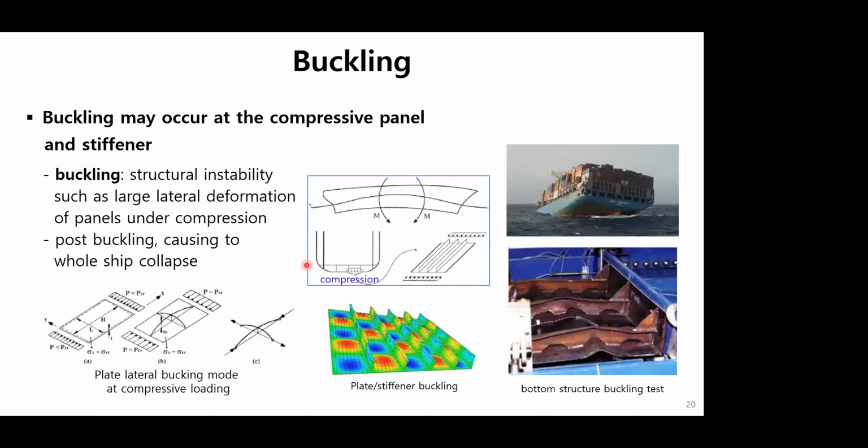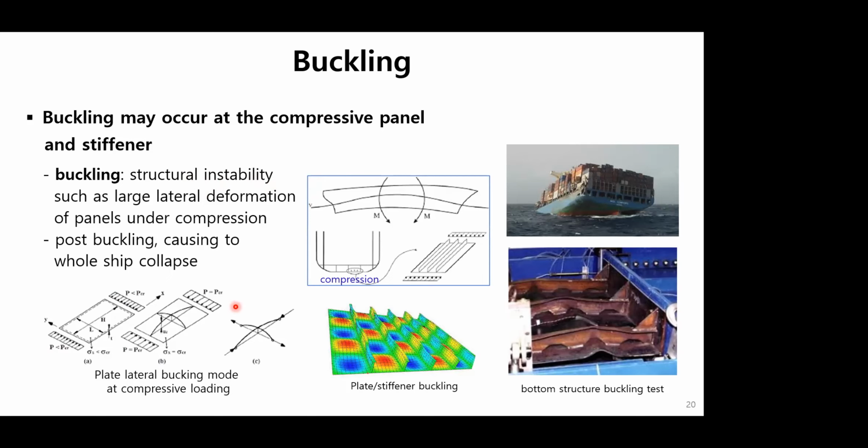Another type of most concerning ship structural failure is buckling. Buckling may be defined as structural instability as large lateral deformation occurring under compressive loading at plate panels and stiffeners.